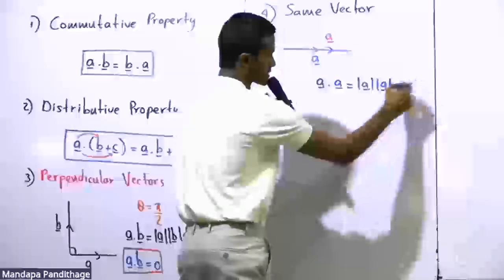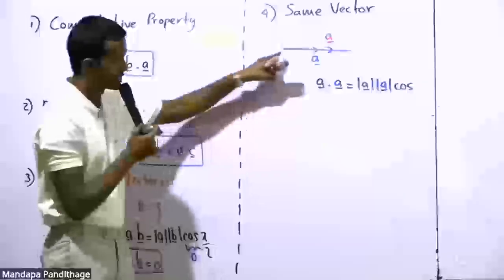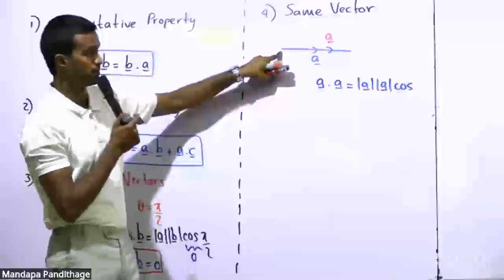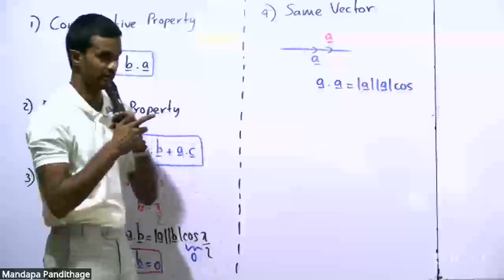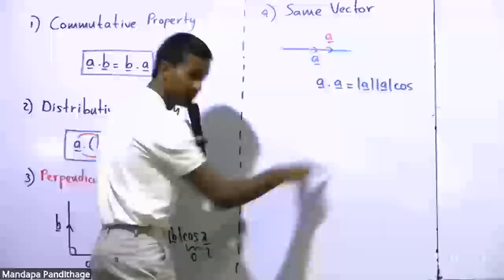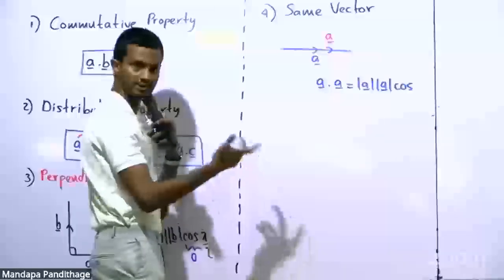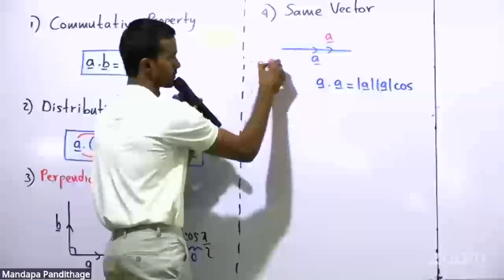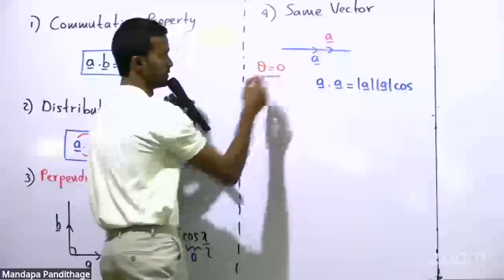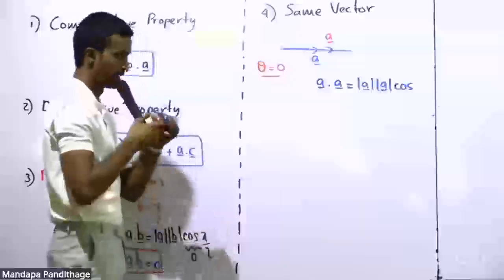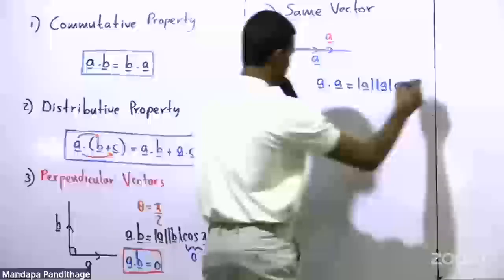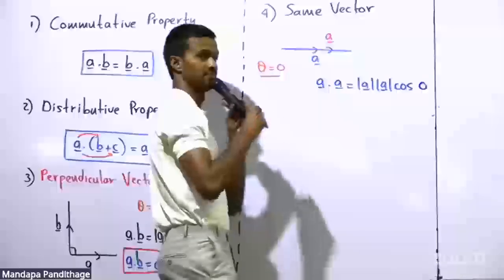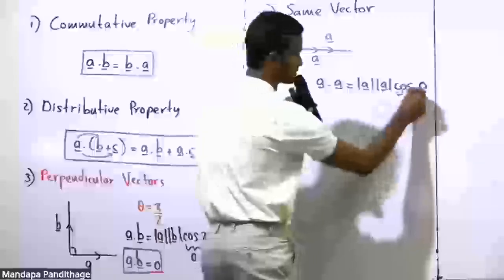When we are considering the same vector, what is the angle between the same vector? It's 0, no? So here, theta is 0. And then we have cos 0, and you know better than me that cos 0 is equal to 1.